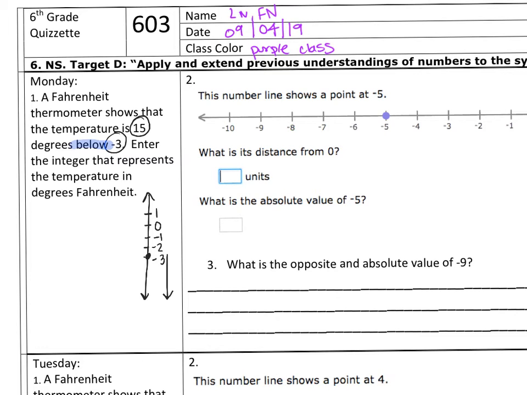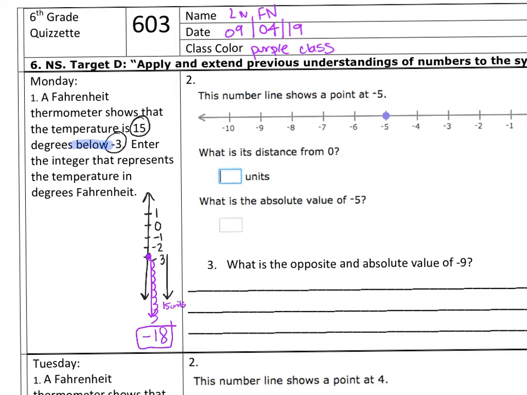So as I said, we started at -3, and I'm going to go 15 units below -3. If I count 15 times past -3, I'm going to eventually get to -18, because I went down 15 units.